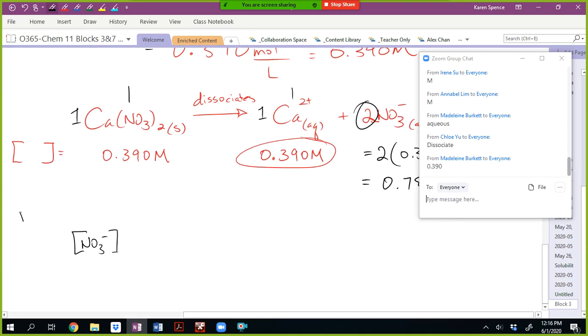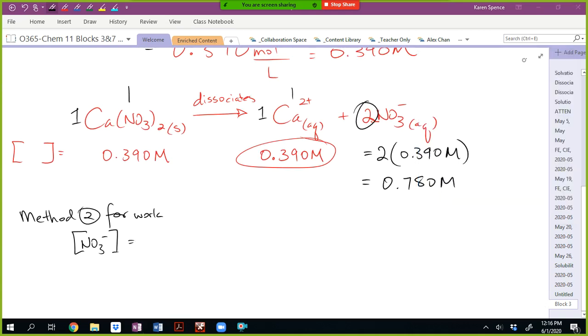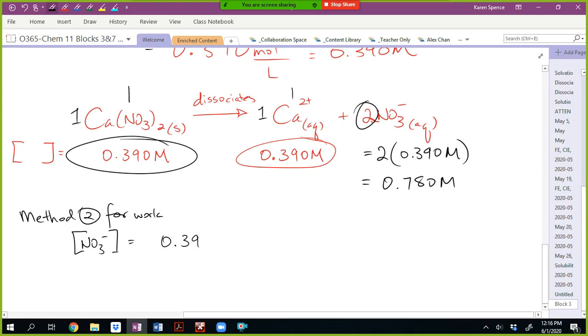So another way to show the work, this is method 2 of showing the work, is we can just do some stoichiometry. We have 0.390 molar calcium nitrate, and we're going to use our mole ratio.